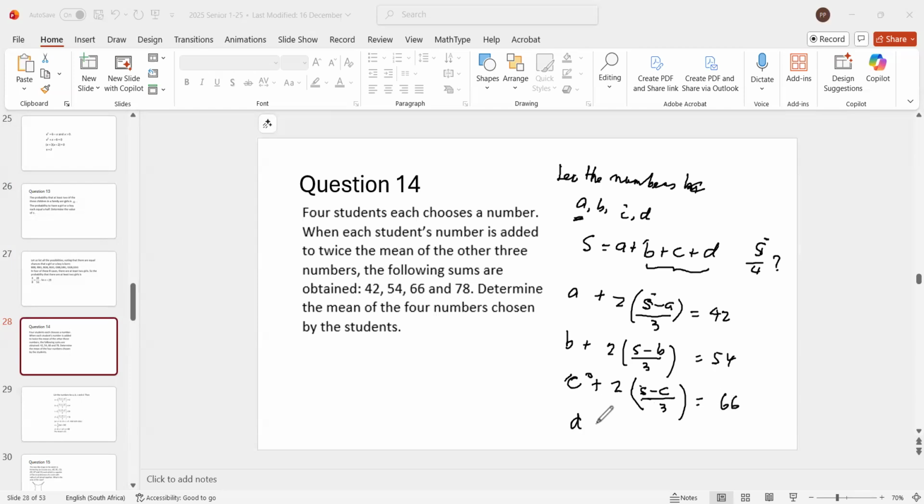And the fourth number, in the same way, is 78. Right. Now you might think that this is so many, four unknowns.